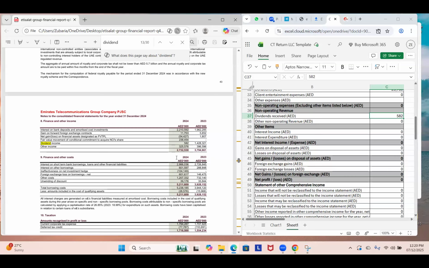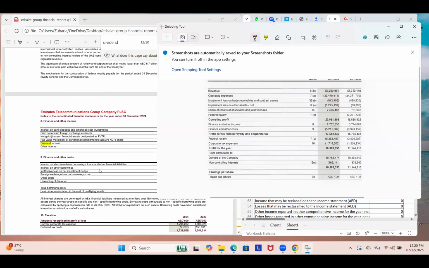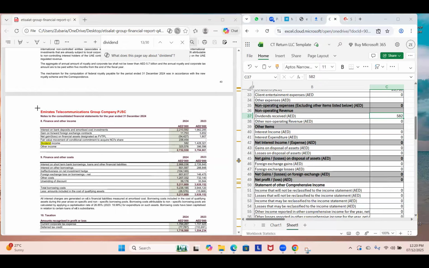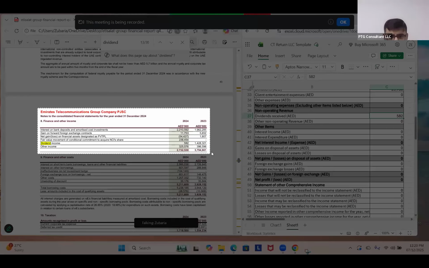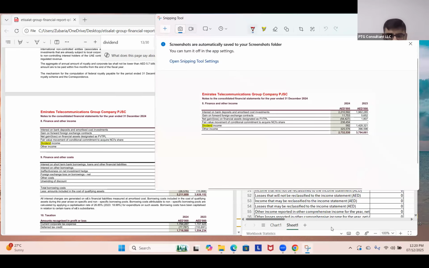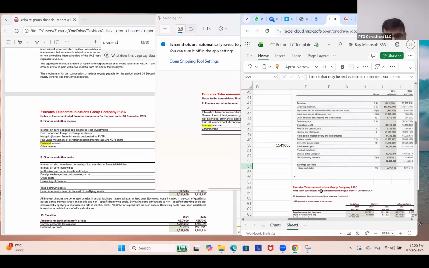So please take these two as additional. Please take this screenshot and the other screenshot. Just now we took the figures, so at least we can reach them later on. One is this; the other one we just did the calculation for: investment in associate and joint venture.